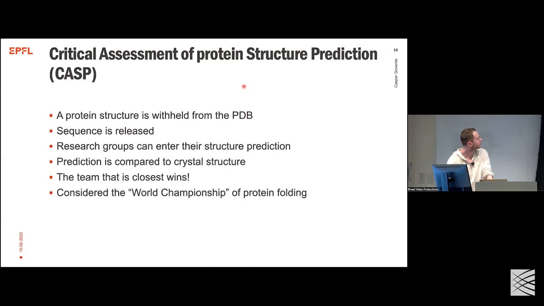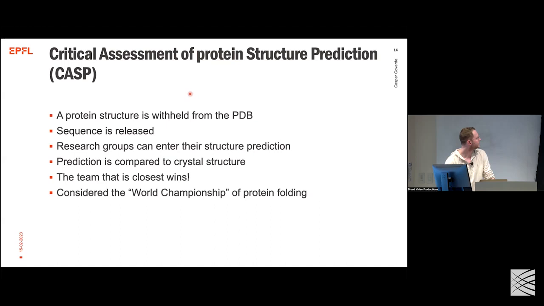So they came up with something called CASP, the Critical Assessment of Protein Structure Prediction, where basically a bunch of biomolecule modeling nerds come together. I'm also included. They come together and have a competition to see which group is best at predicting the protein structure given an amino acid sequence.